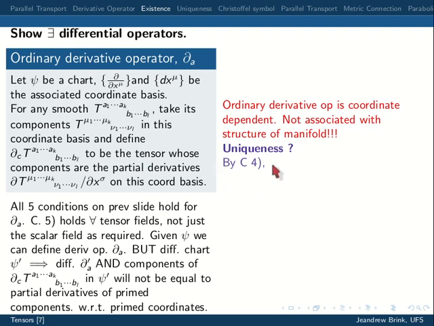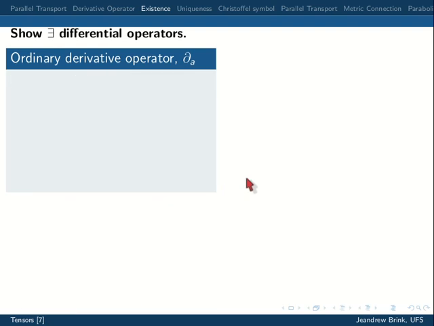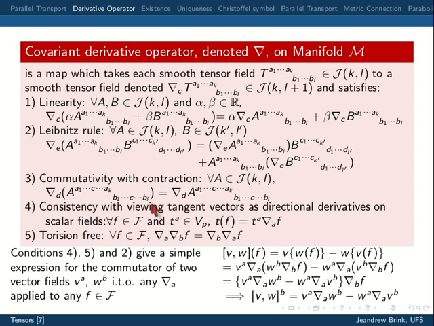Okay, so we've got existence, but the operator is not all we hoped for, as shown by an example. Uniqueness, let's now have a look. Okay, so C4 is basically this thing. Our condition 4, remember, is the idea that we view tangent vectors as directional derivatives of scalar fields.